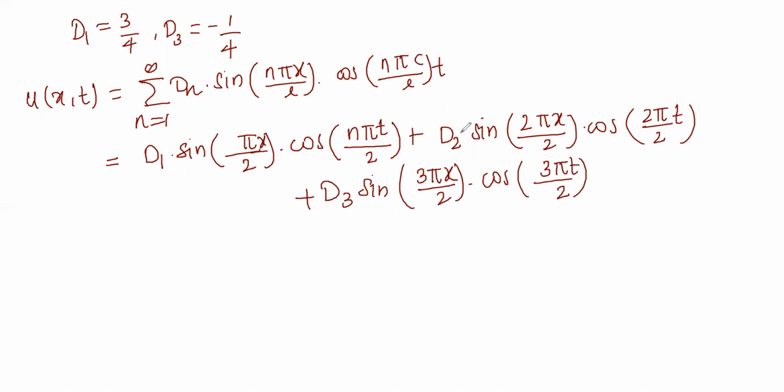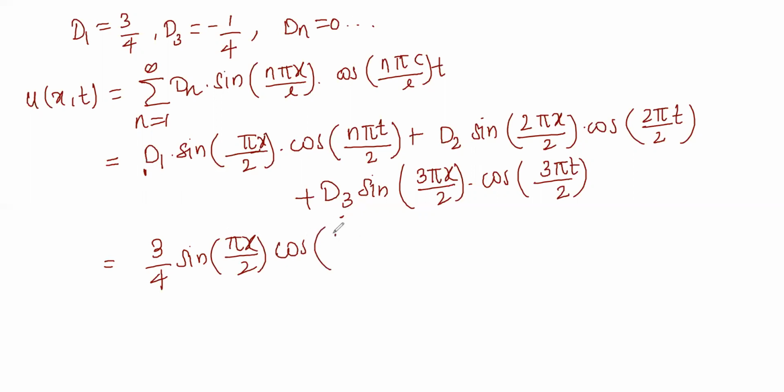We have seen that only d1 and d3 will exist, and the rest of the dn are 0. So only the first term and the third term will survive, and the second term will become 0. So just plug in the values. d1 is 3 by 4 times sine pi x by 2 into cos pi t by 2.